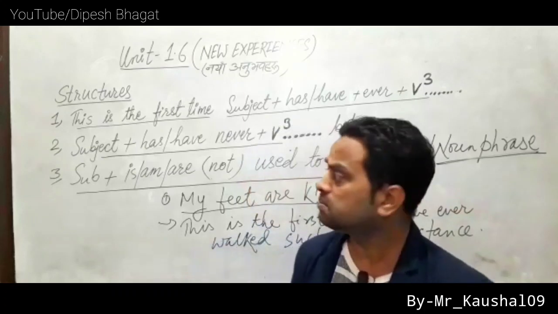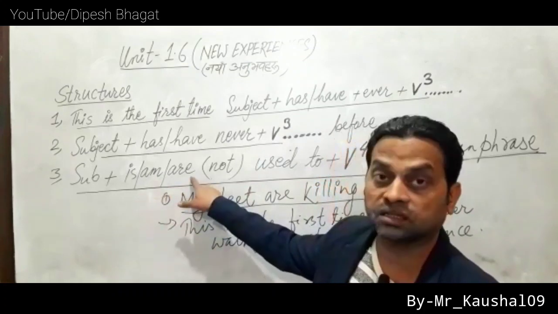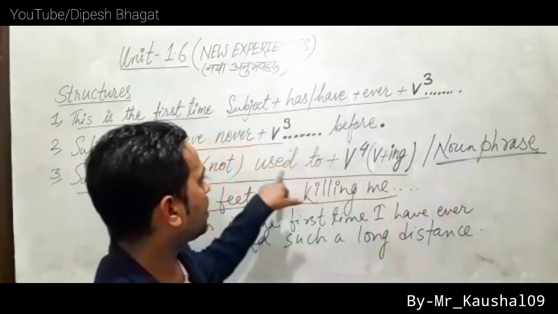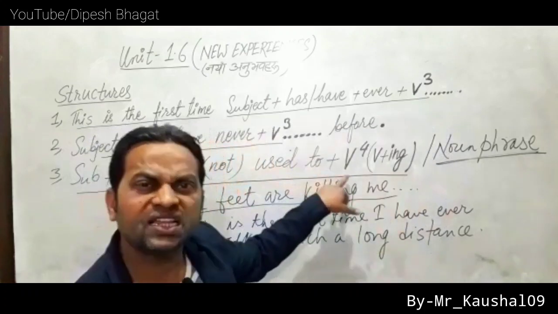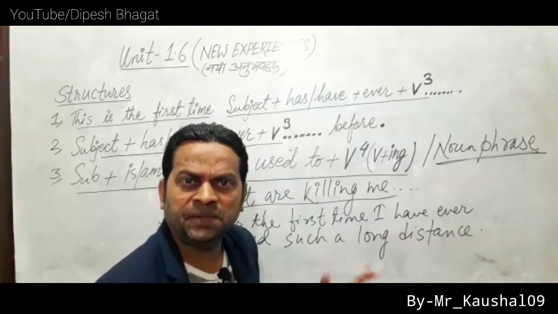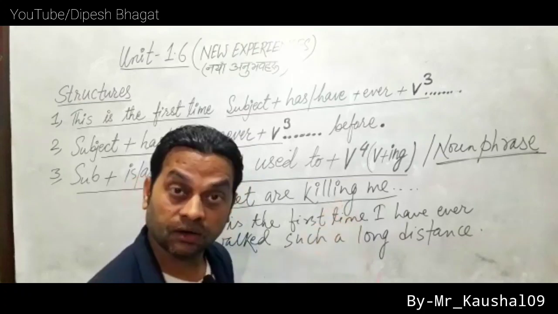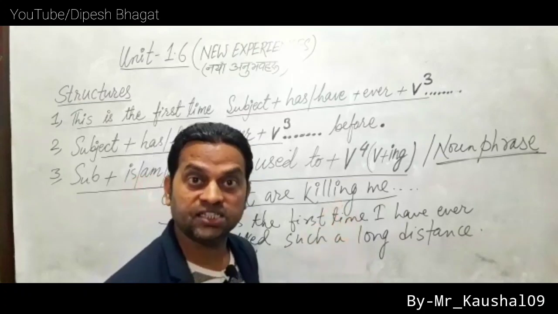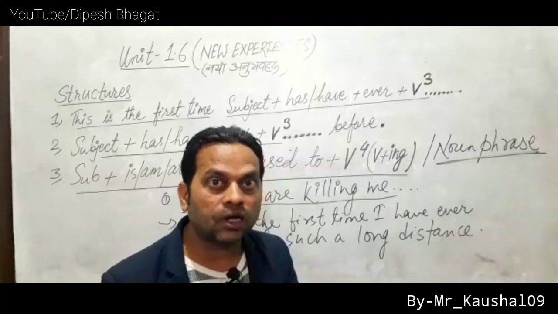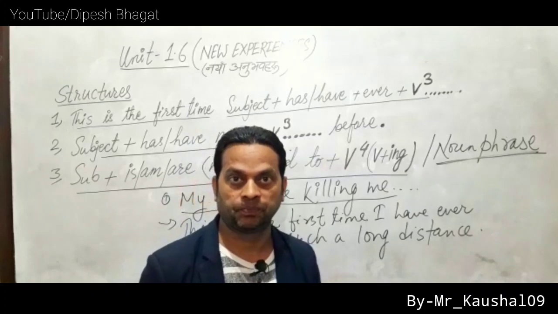Here some students have questions regarding the third structure. They say after used to, ing sounds very odd, it sounds strange, typically different, but this is the true structure. It is used for expressing the habitual action of the present, something you are habituated to.